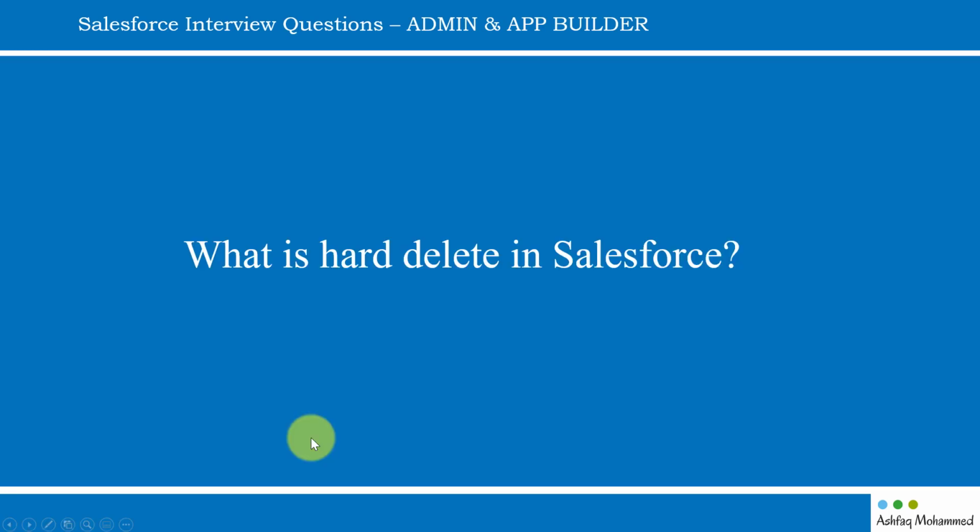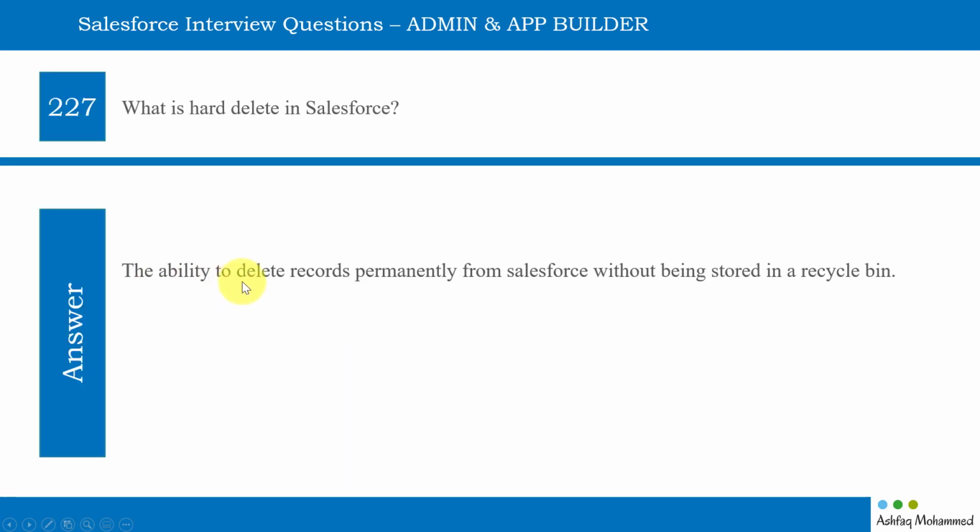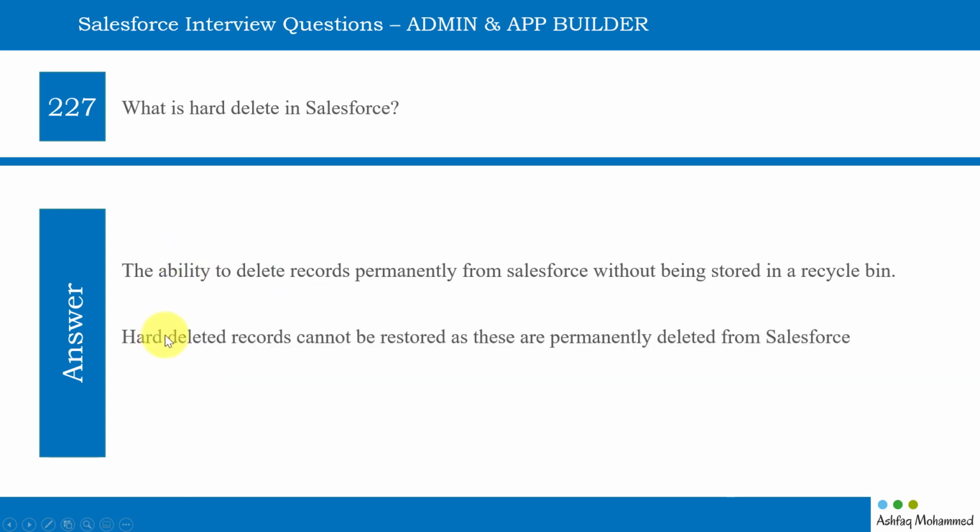Next question: what is hard delete in Salesforce? The ability to delete records permanently from Salesforce without being stored in the recycle bin is called hard delete. It means I want to completely delete the data and I don't want it saved in the Salesforce recycle bin. Hard deleted records cannot be restored as they are permanently deleted.